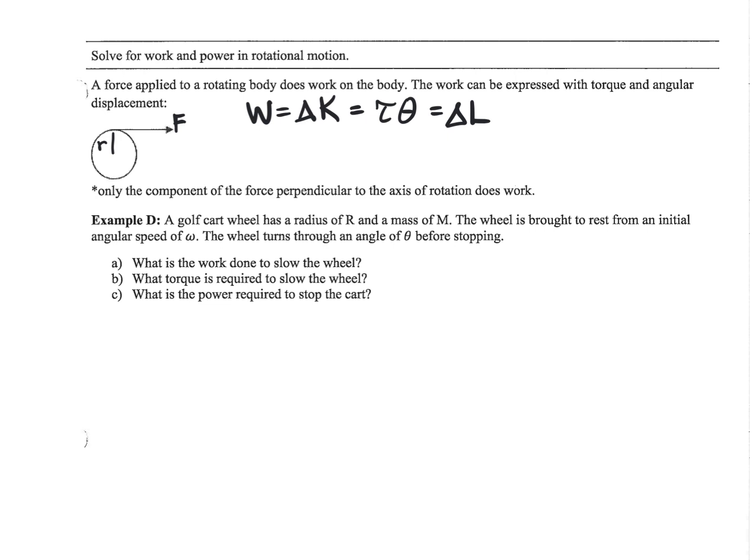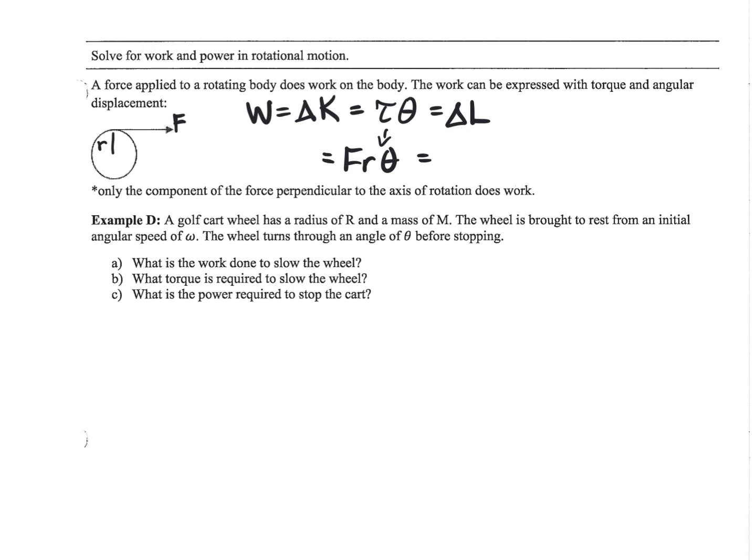Well, let's look at this. Torque times theta is going to be Fr times theta. Delta L is equal to the change in angular momentum, right? Or delta K. We could do delta K here. We could do it on this side, couldn't we?